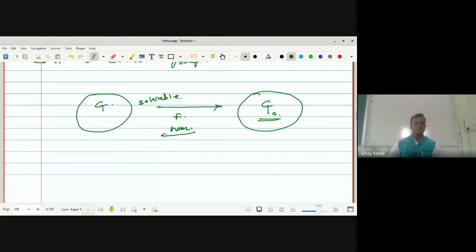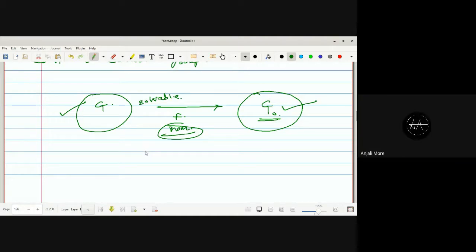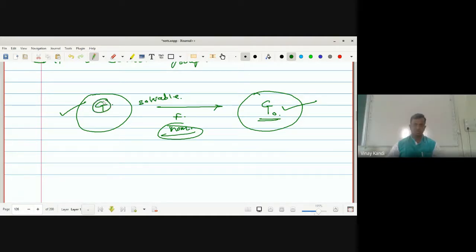I don't know whether this function is onto or into, but f is a homomorphism. What is the meaning of homomorphic? It preserves the operation, so whatever structure the domain has, the codomain has. Is it correct? Yes, sir. So here G is solvable and the homomorphic image of this group, f of G, lies in the range.